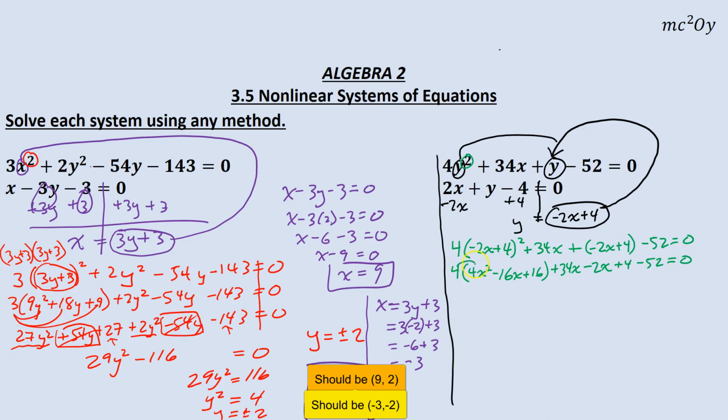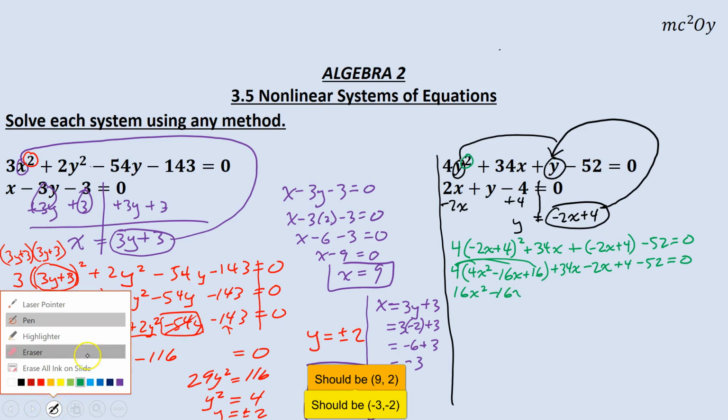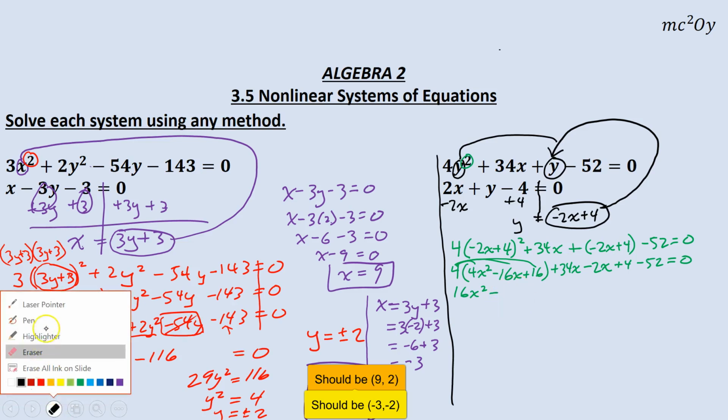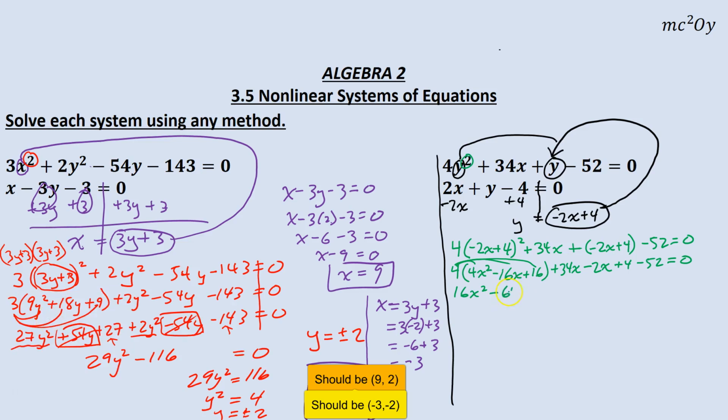Okay, distribute there, there, and there. So we get 16x squared minus 16x, oops, excuse me, not minus 16x, but minus 64x, plus 64, plus 34x minus 2x plus 4 minus 52. Holy moly. Okay, let's start simplifying.